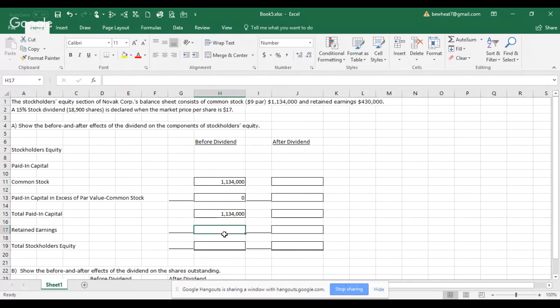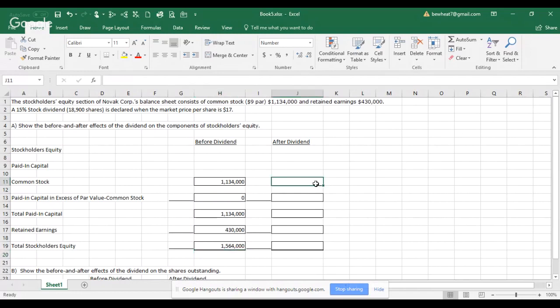Then our retained earnings, we're told up here, is 430,000. Add total paid-in capital and retained earnings, and we get 1,564,000.